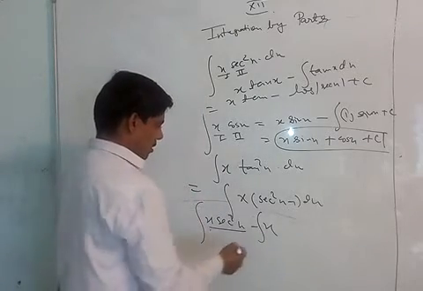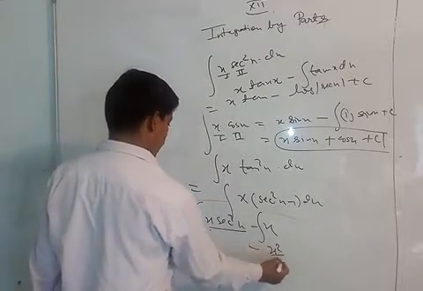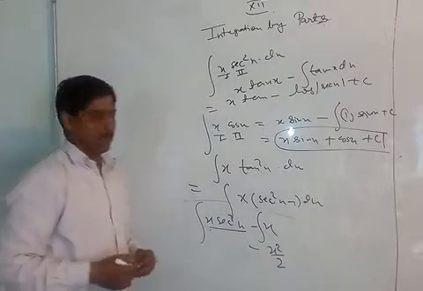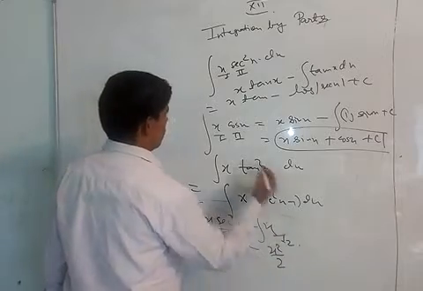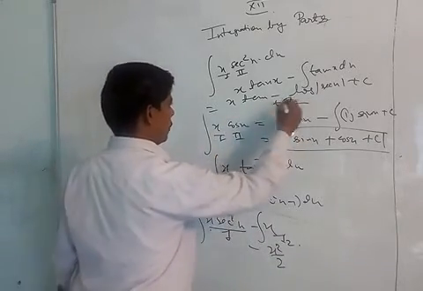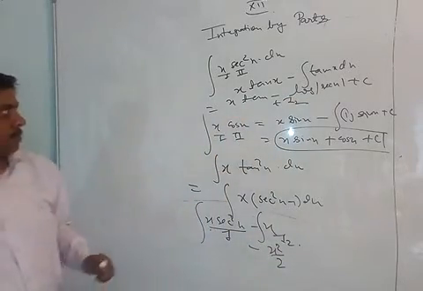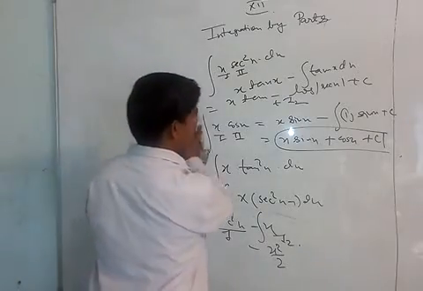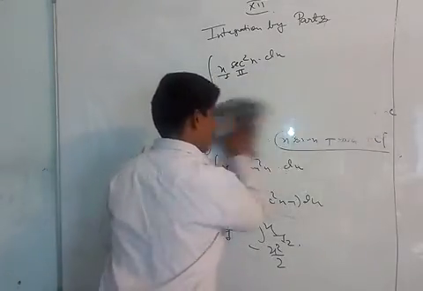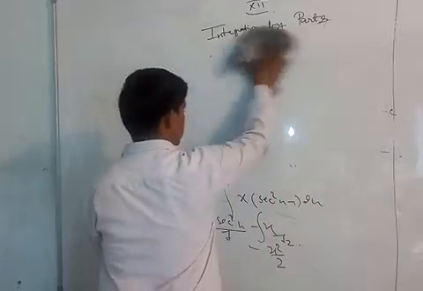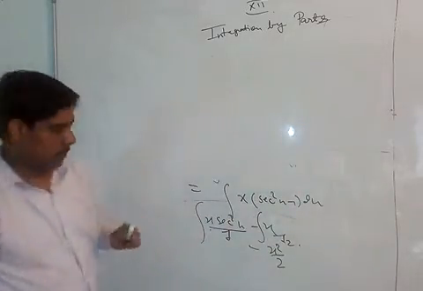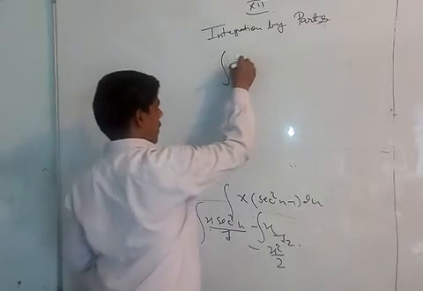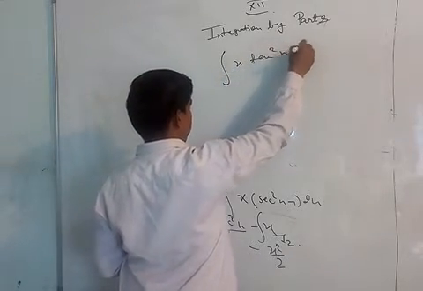So the total integration is equal to minus x square by 2. Suppose I write this as I1 and this as I2. So the answer is I1 plus I2. So the exact integration of x tan square x dx.